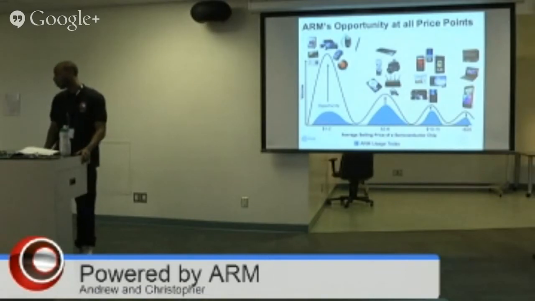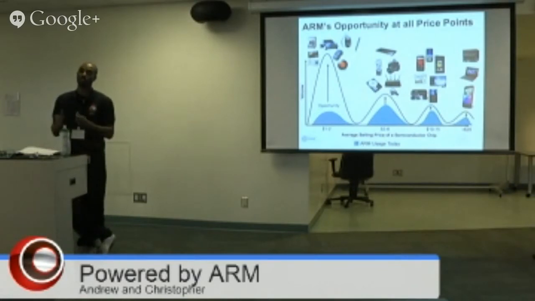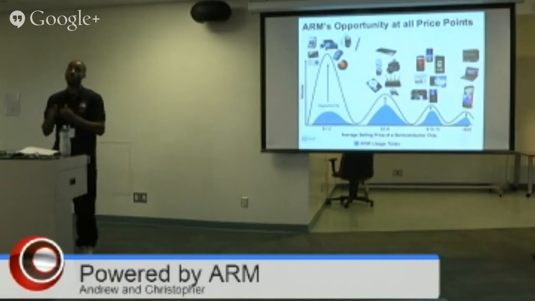They can also compete with Intel's processors with their higher end chips that sell for about $25. They don't make as much money as Intel does per chip, but they sell a lot more processors than Intel does. So that's where they make most of their money.